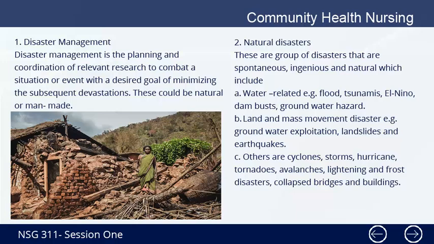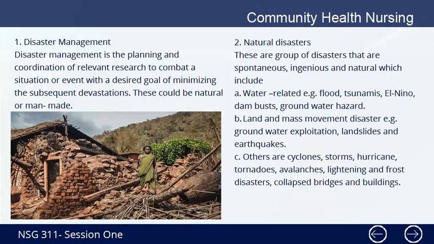2. Natural disasters. These are a group of disasters that are spontaneous, ingenious, and natural, which include: a. Water-related, e.g., flood, tsunamis, El Nino, dam burst, groundwater hazard. b.